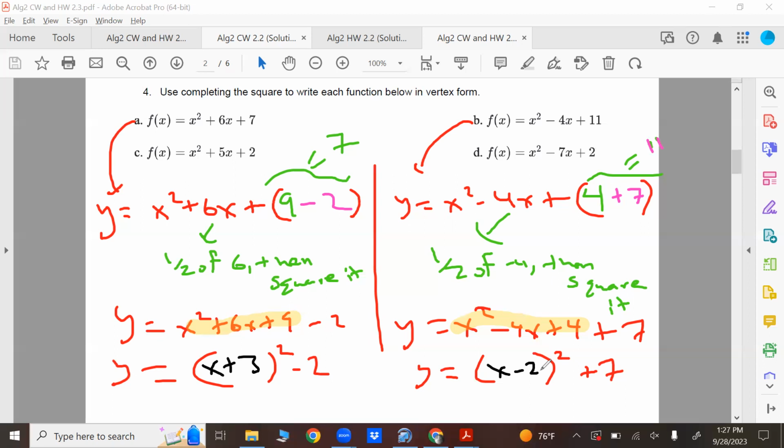And then the last one. No, no, that's right. What's happening? Why did you write that? Oh, because it's half of 5 squared. So that means half of 5 squared.